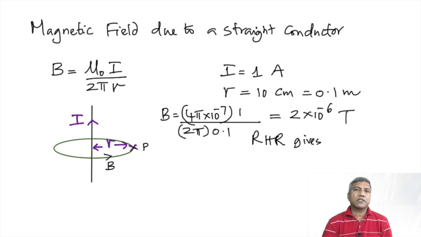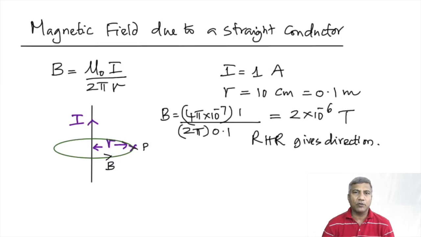So both the magnitude and the direction are very important in these cases. I hope you understood. Next, we have the idea of 2 parallel conductors, both carrying currents. And so what's going to happen is one is kept in the magnetic field produced by the other current. So each one.